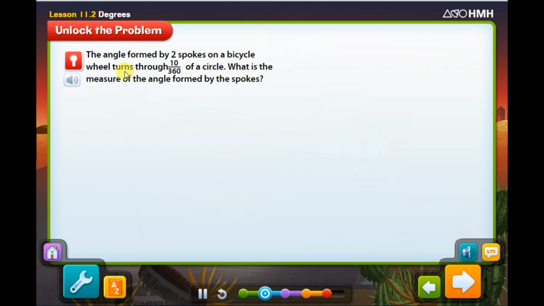Let's unlock this problem. Okay, so the angle is a part of a circle formed by two spokes of a bicycle wheel that turn through 10/360 of the circle. What is the measure of this angle? Use fractional parts to find the angle measure.